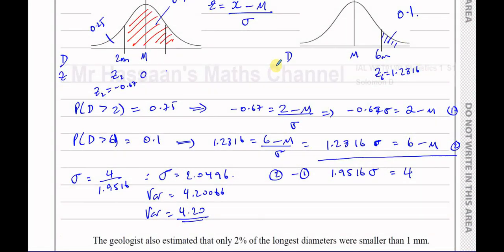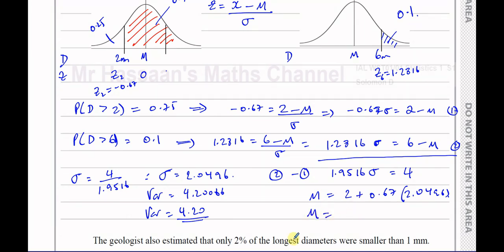Okay, now we've got to find the mean. So we can take it from here. If we rearrange this, add mu to both sides and add 0.67 sigma to both sides, you end up with 2 plus 0.67 times sigma, which we now know is 2.0496.